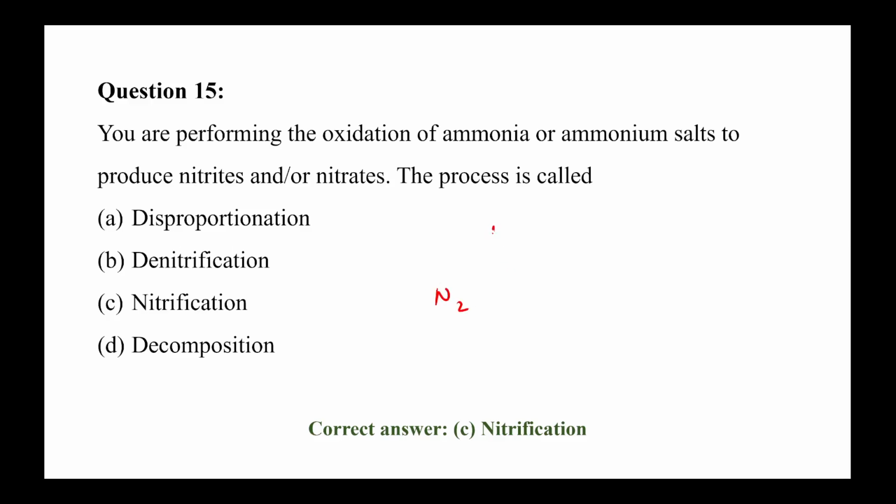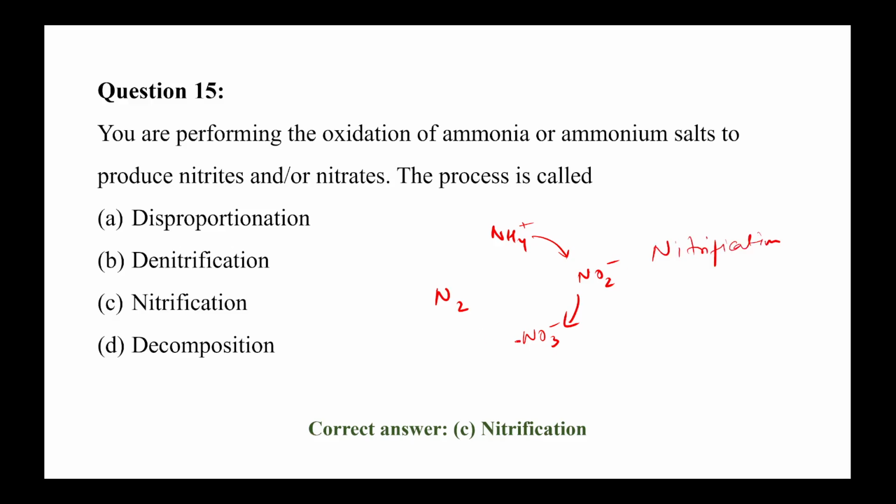So we have nitrogen, ammonia or ammonium ions, nitrites, and then nitrates. The process of conversion of ammonia to nitrites and nitrates is called nitrification.